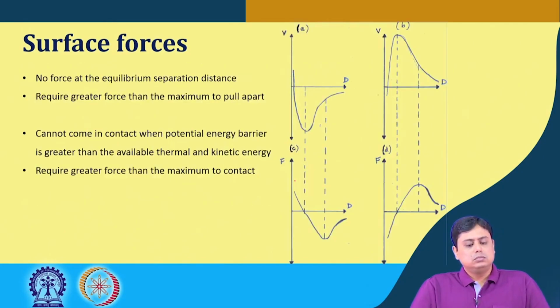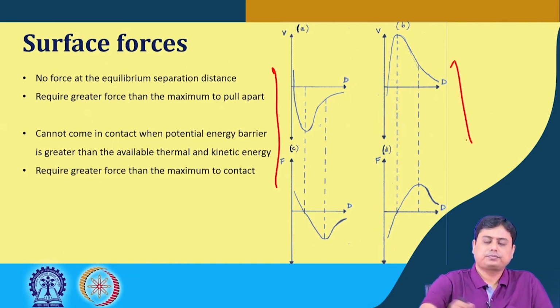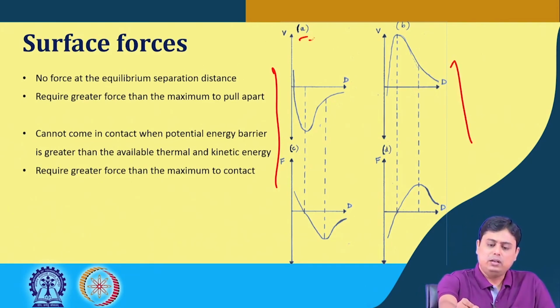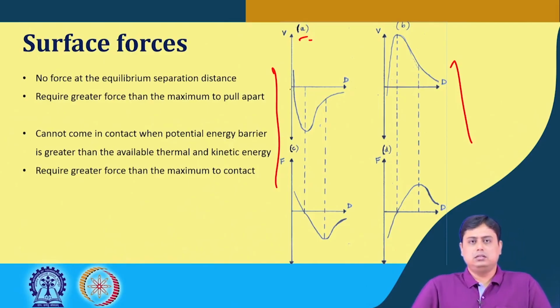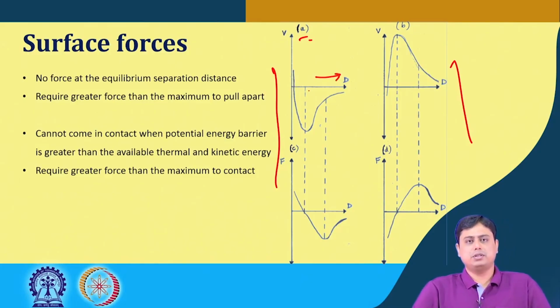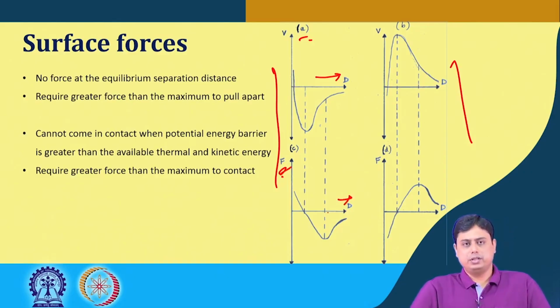So, the force profile and the energy profile typically look like this. The first one is the interaction energy versus the separation distance, and this one is the corresponding force versus the separation distance.